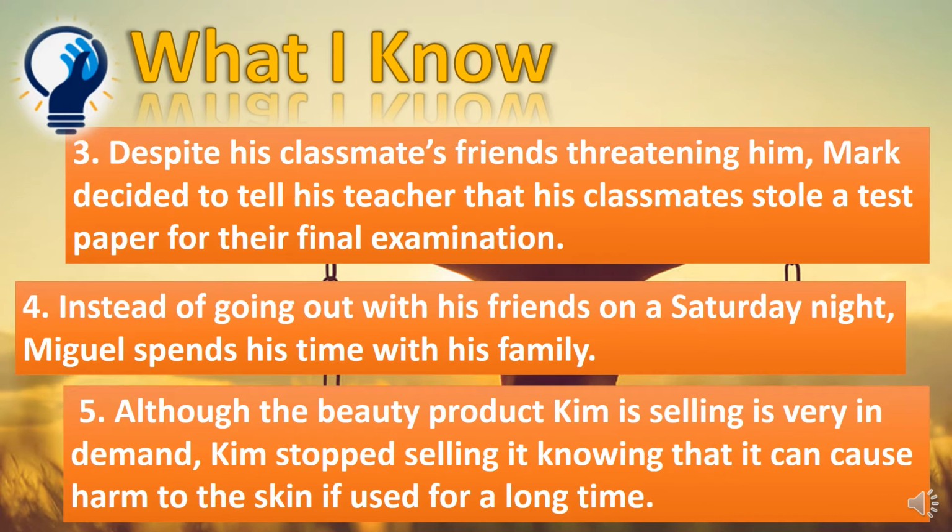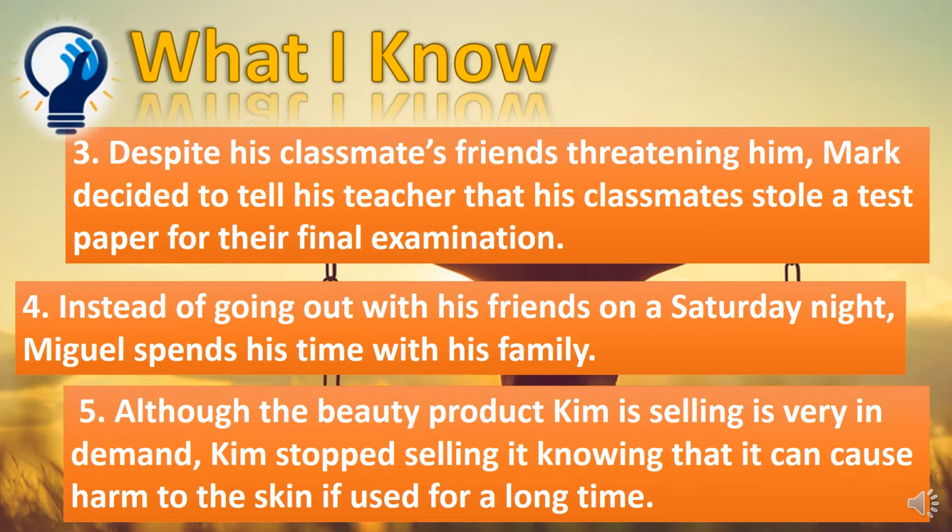Number 3. Despite his classmates' friends threatening him, Mark decided to tell his teacher that his classmates stole a test paper for their final examination. So what's your answer? Yes, this shows responsible use of freedom. So check. Number 4. Instead of going out with his friends on a Saturday night, Miguel spent his time with his family.